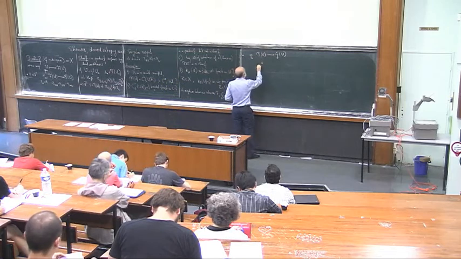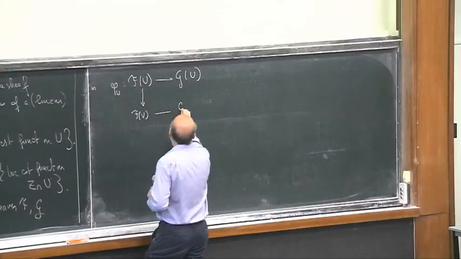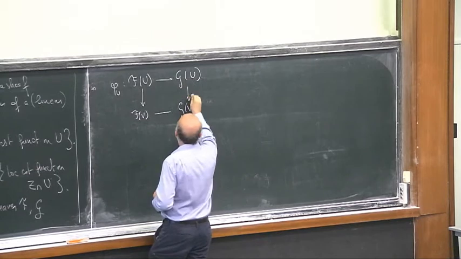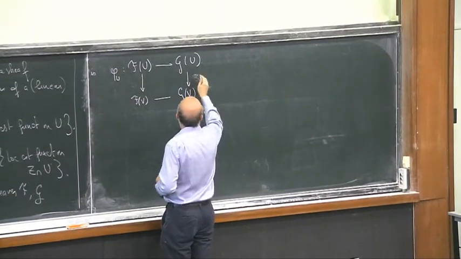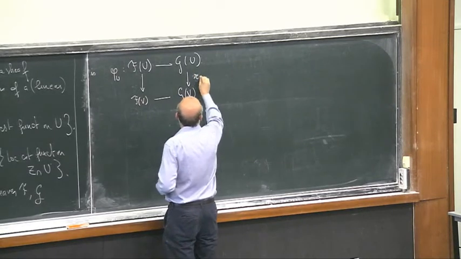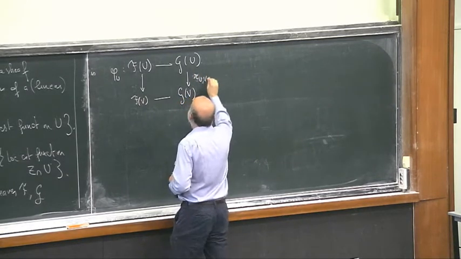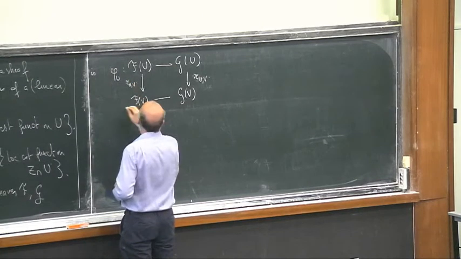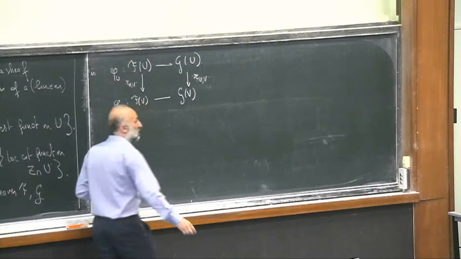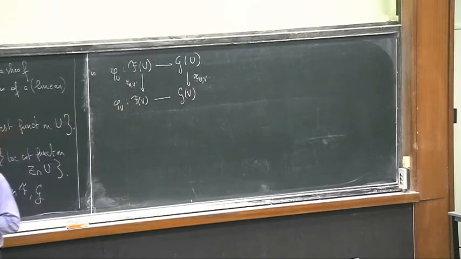So if you have, well, let's still call this R, even though it's not the same sheaf, so not the same restriction map. But this diagram is supposed to commute.